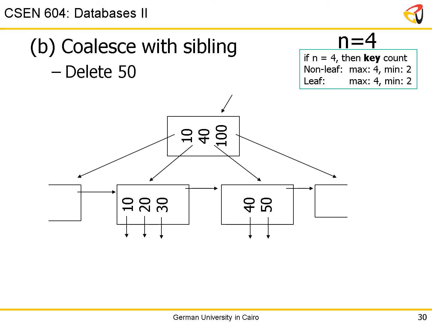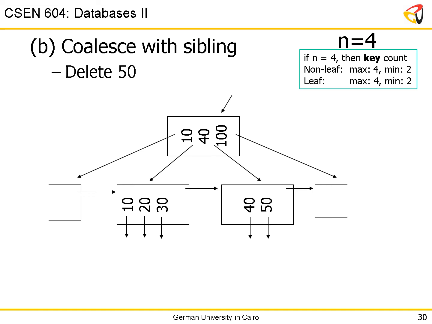Now, my goal is to delete 50, but I have a minimum number of keys that I must respect, and the minimum is 2. So I can't just remove the 50 and leave the 40 alone. I will indeed need to delete the 50 because this is my goal, but then I have to fix the situation of the 40. I can't leave the 40 alone.